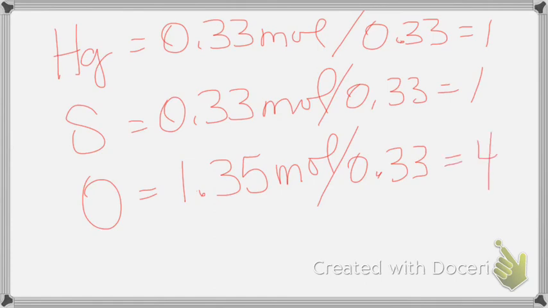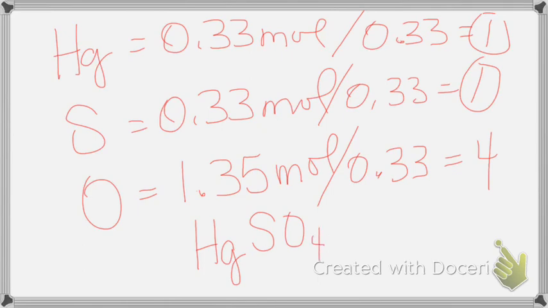You get 4. So our empirical formula is Hg. 1 is understood, so we don't write that. S, again understood. O4. This is your empirical formula. Okay.